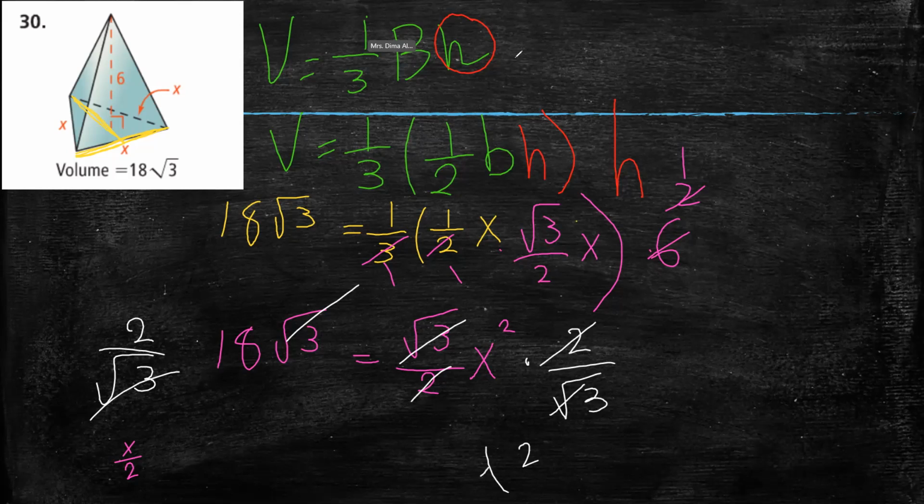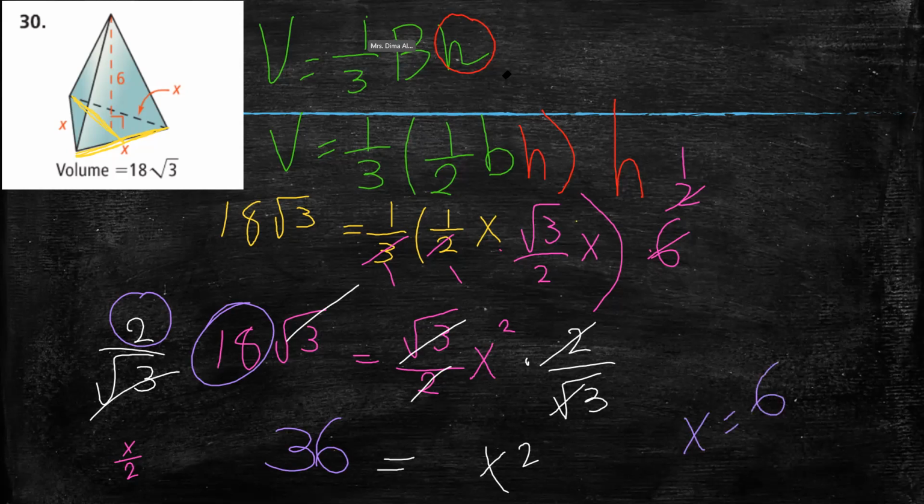here 2 times 18, which is 36. So 36 is x squared. So x will be 6 units.